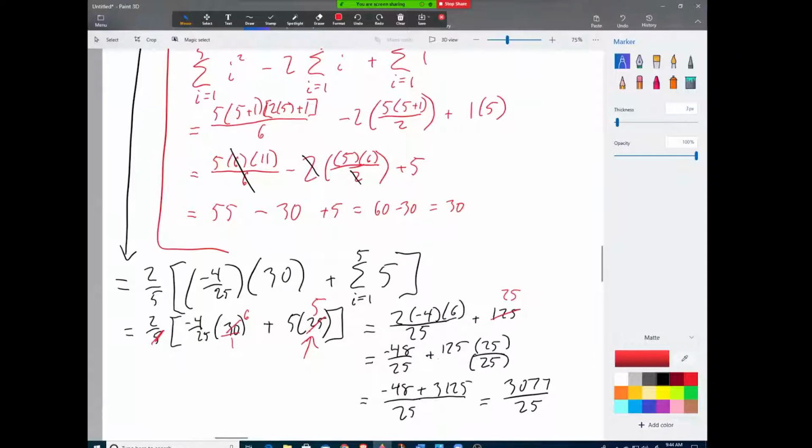I apologize for making a mistake, but at the same time, I don't apologize because it is valuable to see where our problems lie. So these steps are all going to be still the same, but the answer we're going to get here will be different because I accidentally multiplied by an extra 5. So this will still be 125 here. All right, let's see.